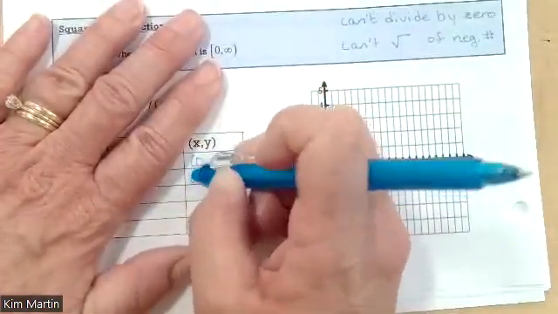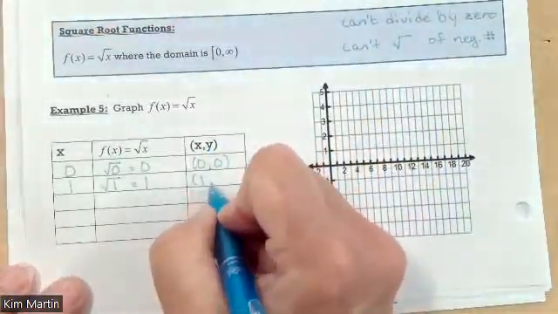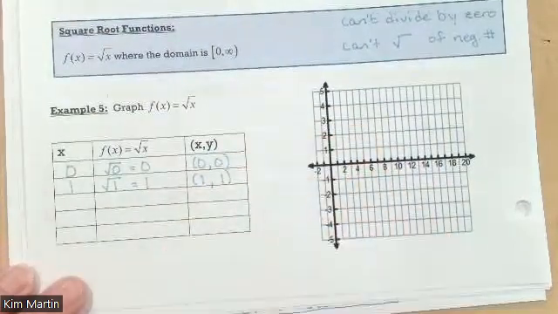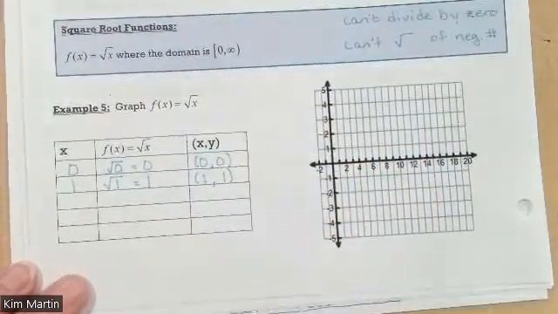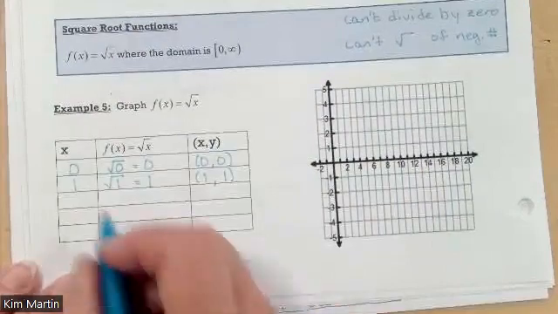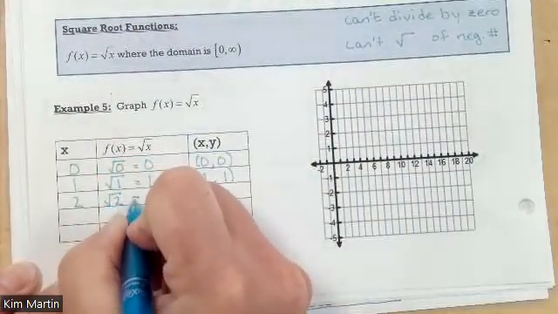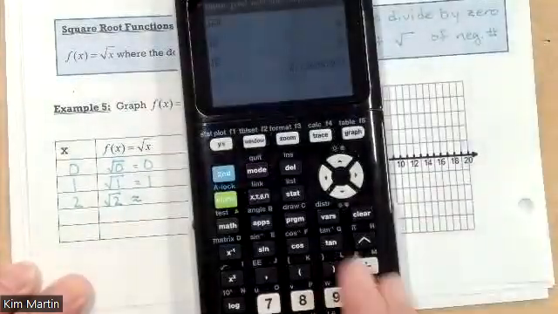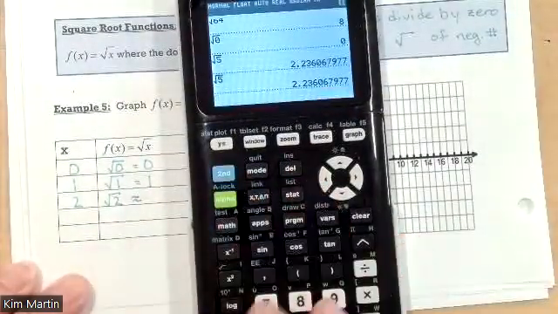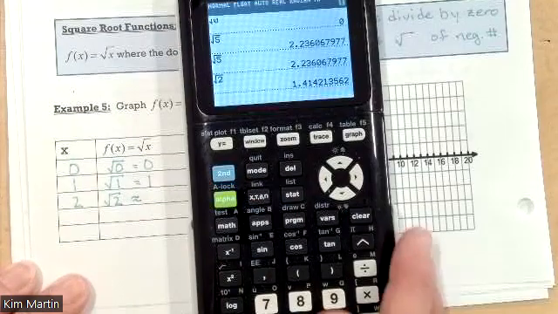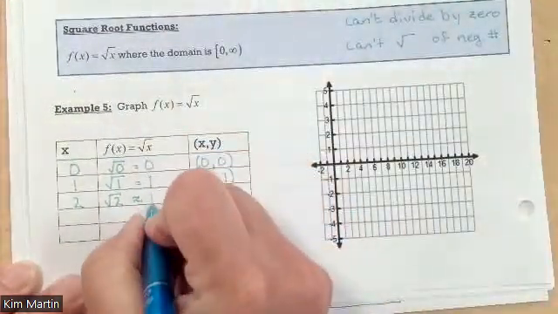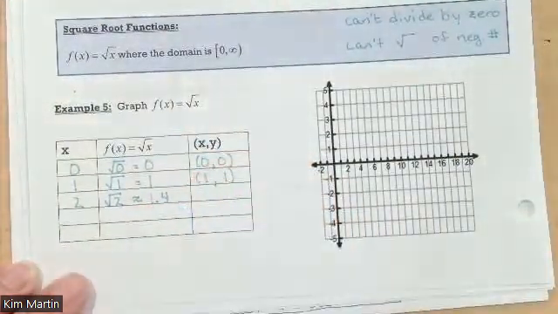Now don't think it's going to be, because some of you would stop and go, oh, 2, 2, 3, 3, 4, 4. Prove it. Let's do 2. The square root of 2 is about 1.4. I don't like that point.